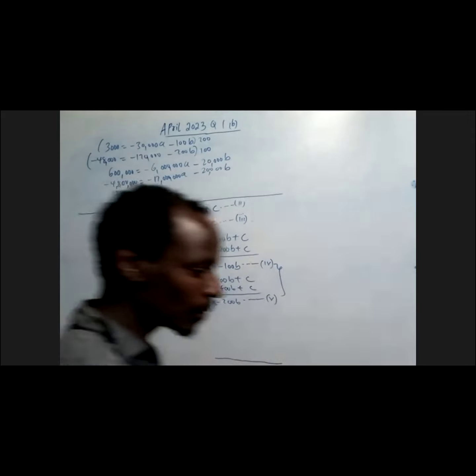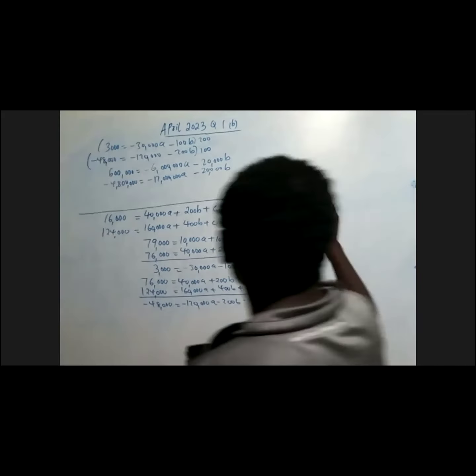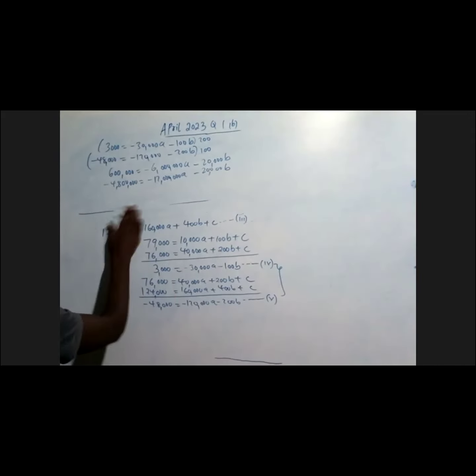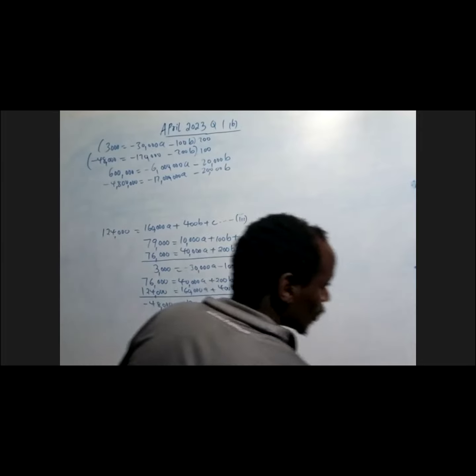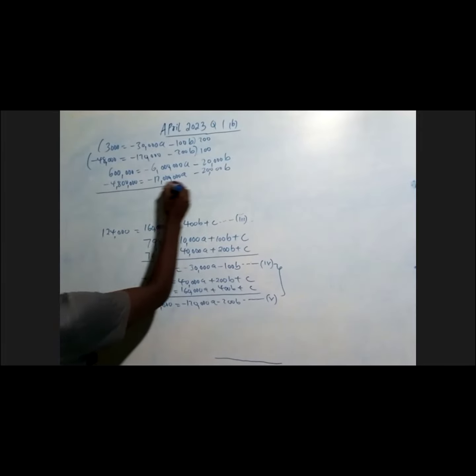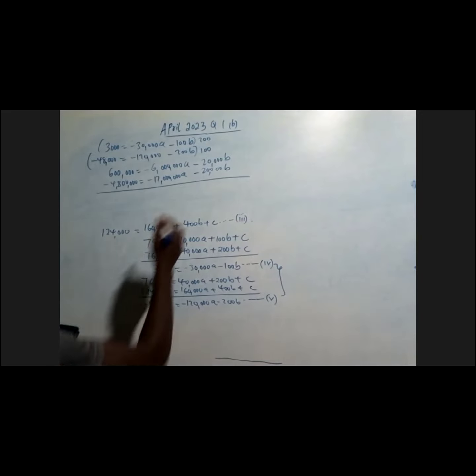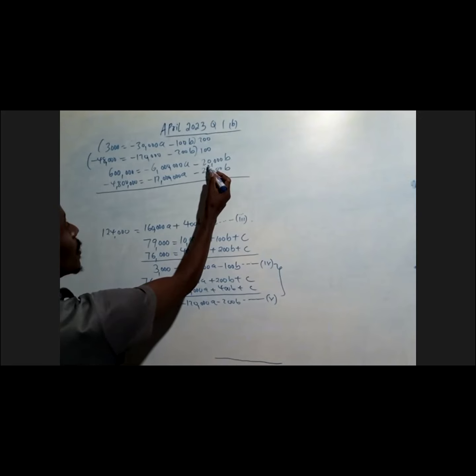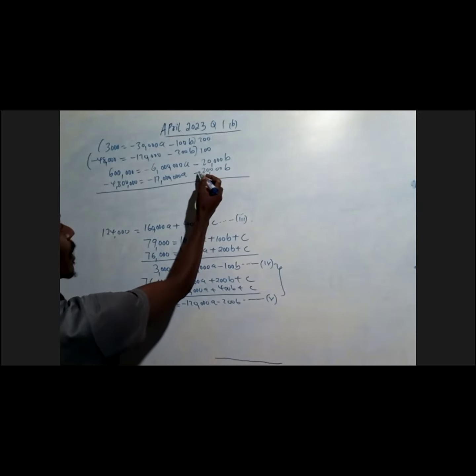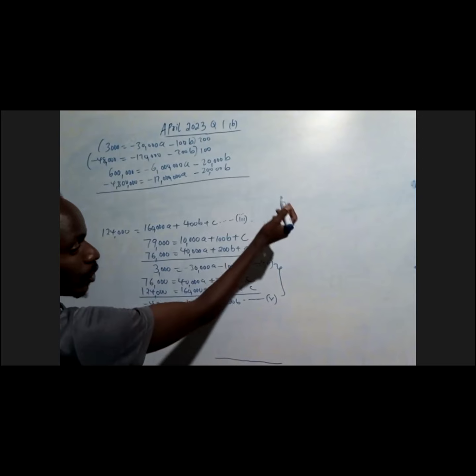Now we can eliminate B. Let us eliminate B so that we call it a class. 600,000: this one minus 20,000 minus 20,000 becomes 0.